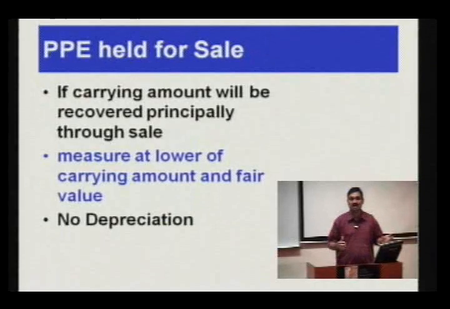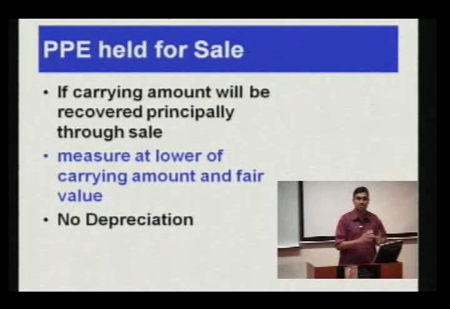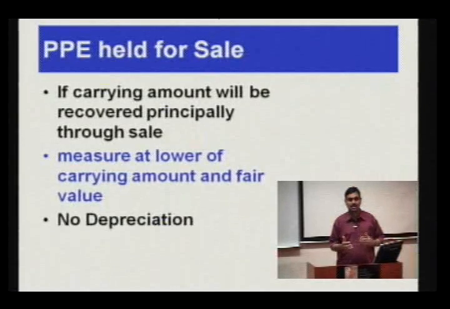Sometimes some assets are PPE in nature, but they are held for sale. If they are held for sale, I am not using them in my day-to-day business like any other property, plant or equipment. In that case, in principle, you do not treat them like any other PPE. They will be treated more like inventory.